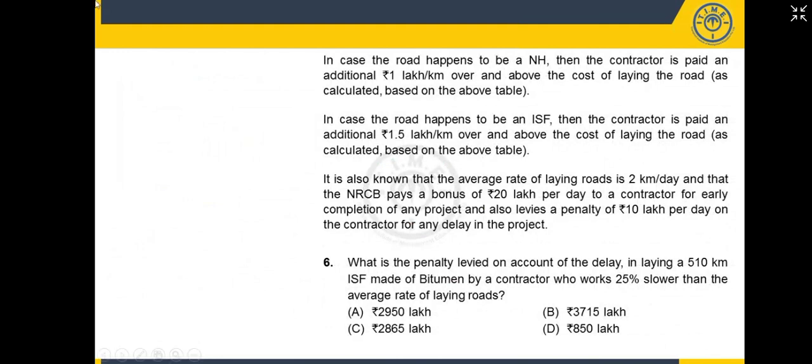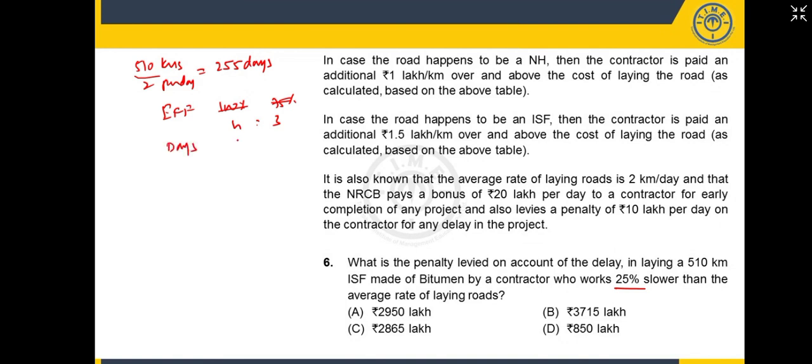I'll do one more if you want. I have to clear 510 kilometers. 510 kilometers at a rate of 2 per day will take 255 days actually. But since the person is 25% slower, then efficiency, if you see, 100%, he's slower by 25%, means 75. That means these are in the ratio of 4 is to 3.